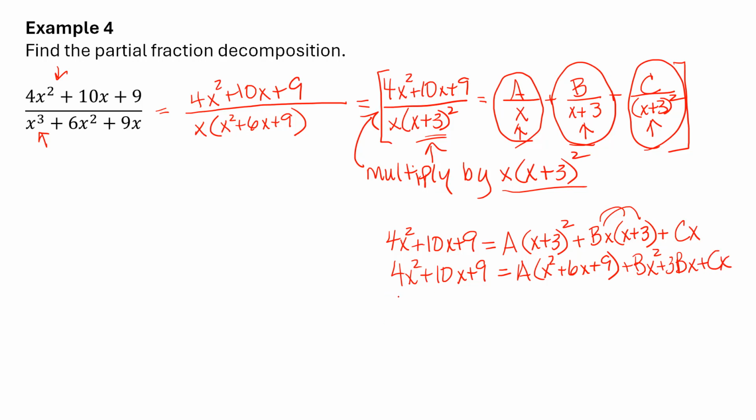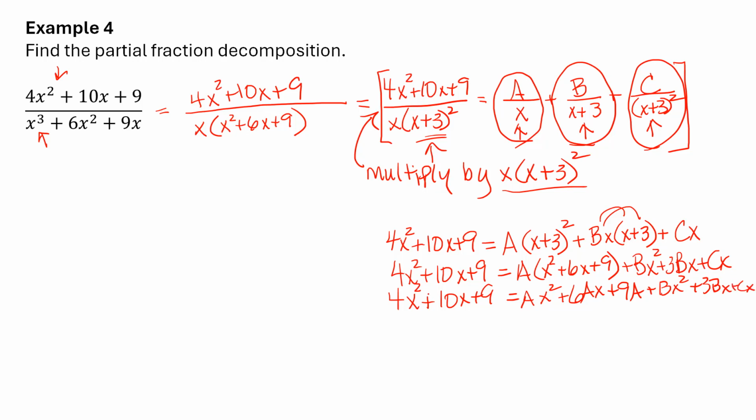All right, and then I'll go ahead and distribute that a. So I'll have 4x squared plus 10x plus 9 equals ax squared plus 6ax plus 9a plus bx squared plus 3bx, I'm running out of space, plus cx.